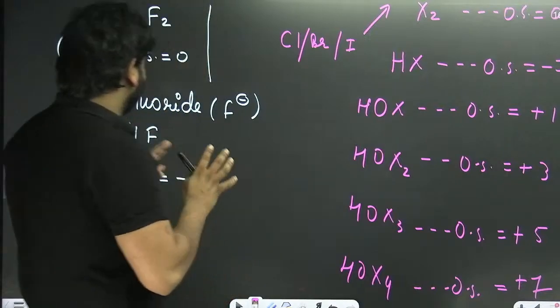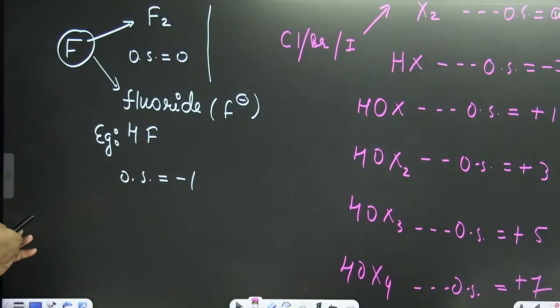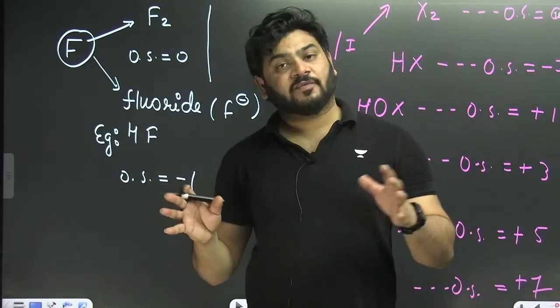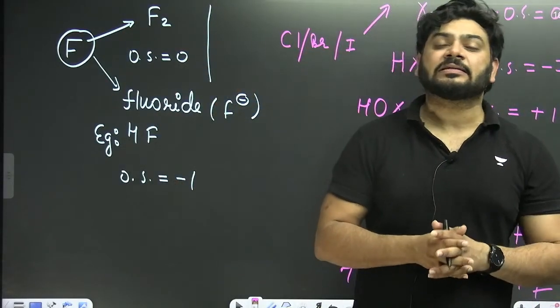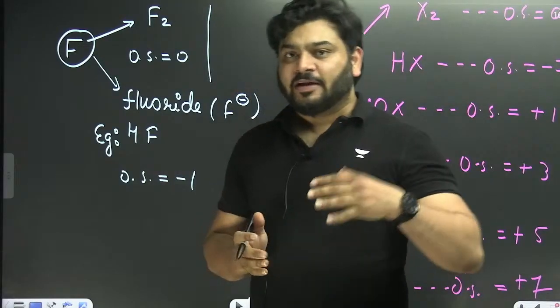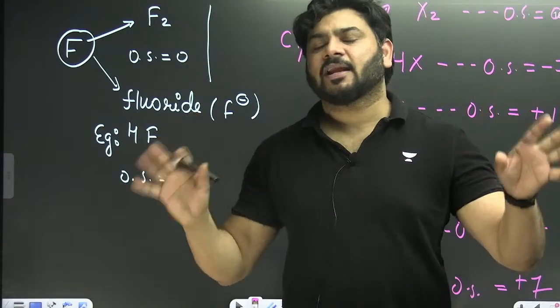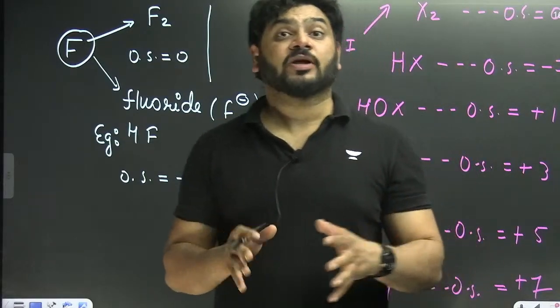Take an idea, write down every single part, very important part we have. Fluorine is the most electronegative element of the whole modern periodic table, which we will come across in our periodic classification of elements chapter, but till then just take an idea that fluorine is the most electronegative element.